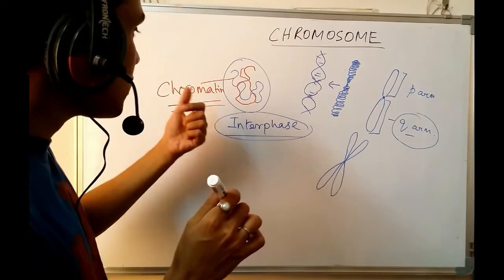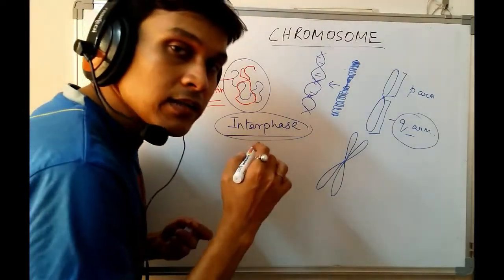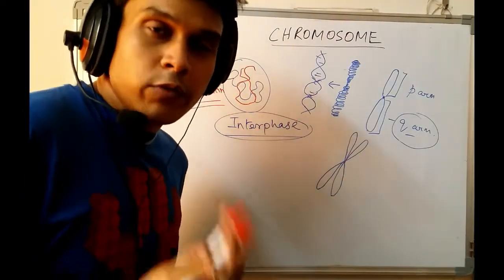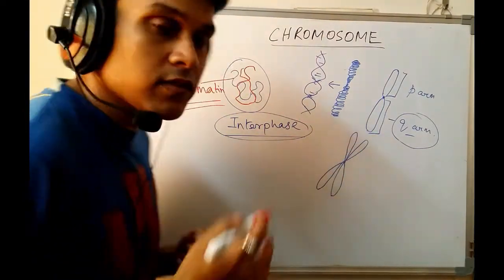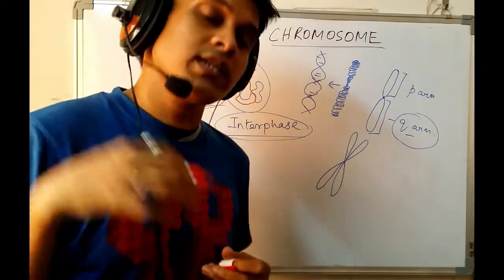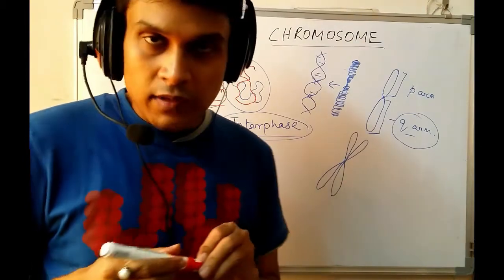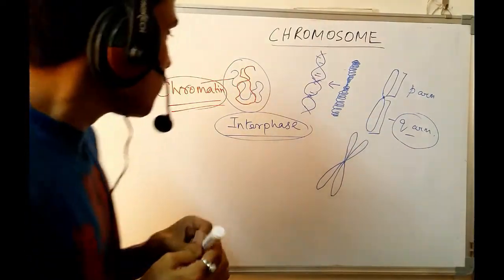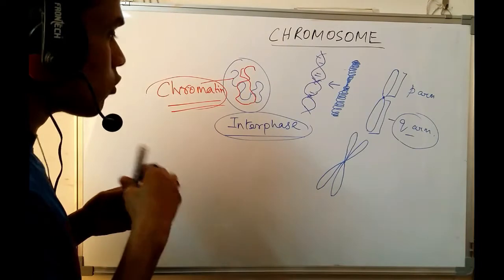Based on this term we can distinguish euchromatin and heterochromatin. I will talk about euchromatin and heterochromatin in a future class, in the near future. So this is interphase and this is called chromatin.